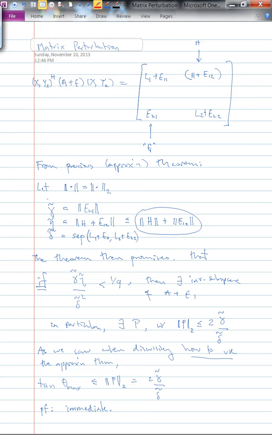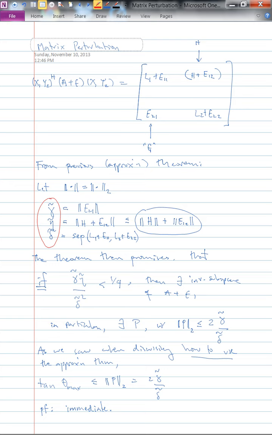Let's look at gamma, eta, and delta. What we'd like for gamma, eta, and delta is for them to either depend on properties of A or on the magnitude of E. What is not great is for gamma or eta or delta to depend on the specific structure of E. And again, what's the reason?